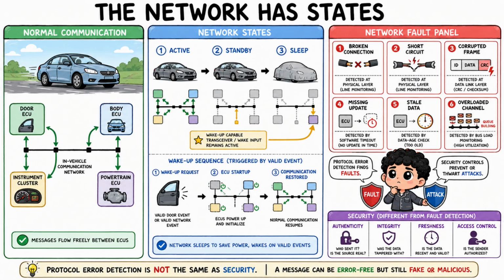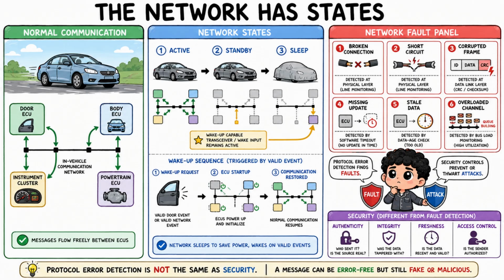Communication faults can include broken connections, short circuits, electrical disturbance, corrupted frames, or a transmitting ECU that stops updating its data. Protocol hardware can detect some faults, while software detects conditions such as timeouts, unexpected sequences, or implausible values. Security must also be considered.